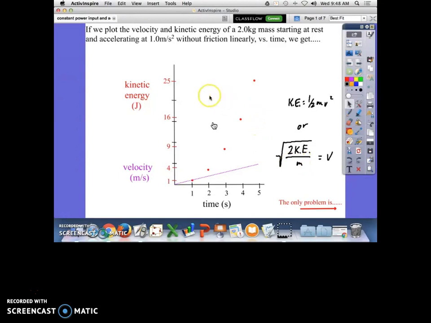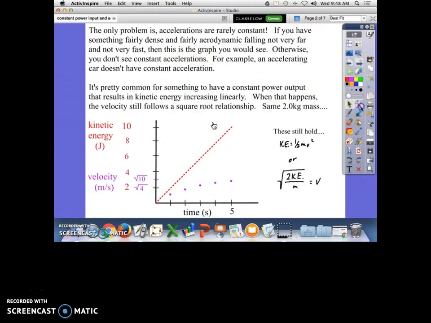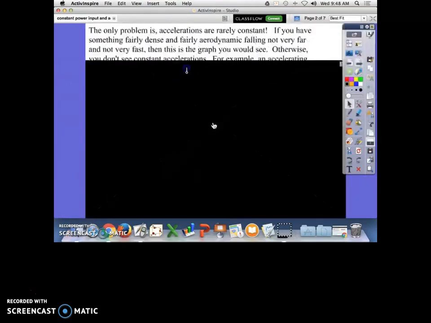Now, this is great. This is what you always see in the textbooks. This is the example that's always given, but there's only one problem with this. This motion hardly ever exists, and not just because of friction. Accelerations are rarely constant.